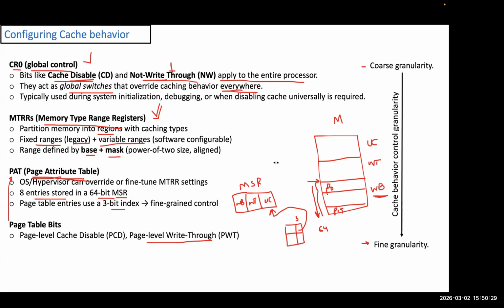So in that situation, I want to disable caching for the data I am writing to the non-volatile memory, so that I can write the data directly to the non-volatile memory.